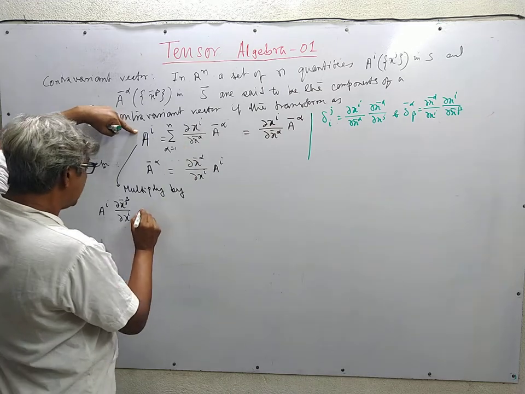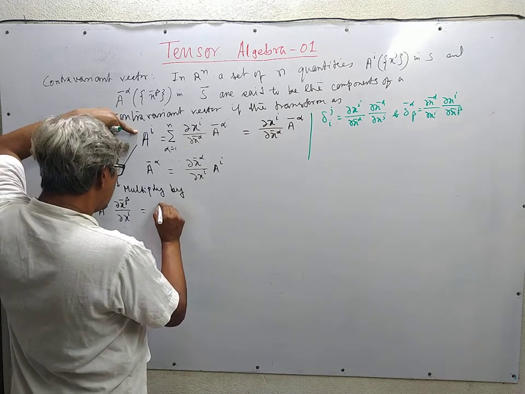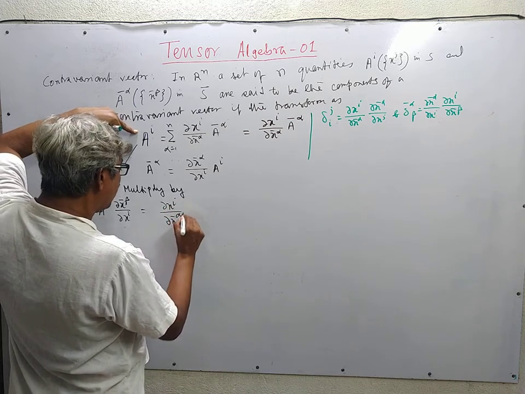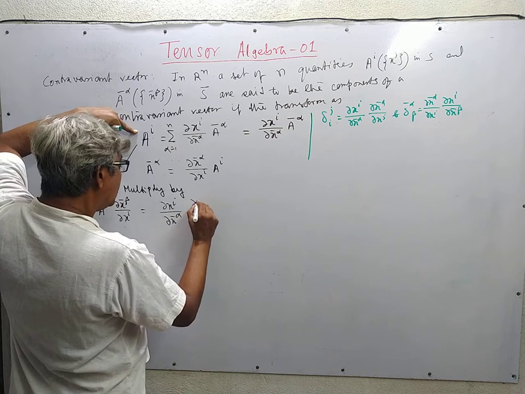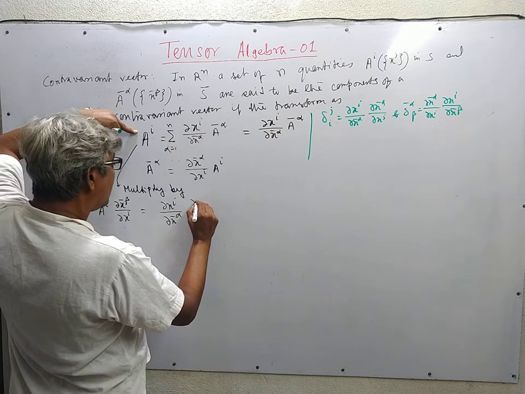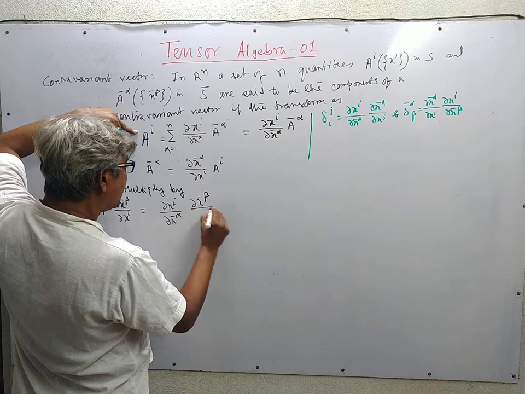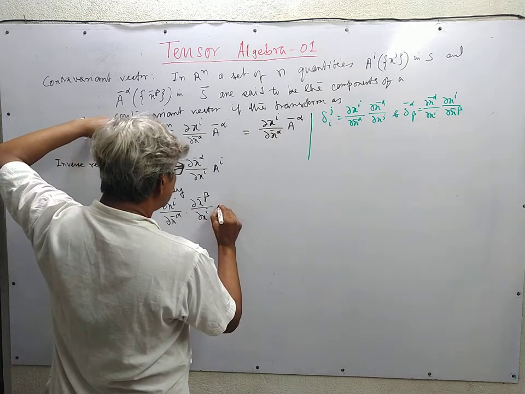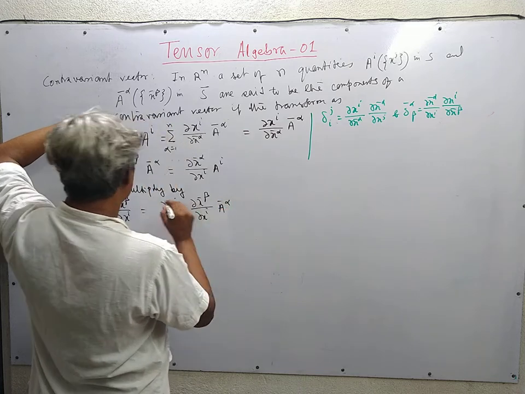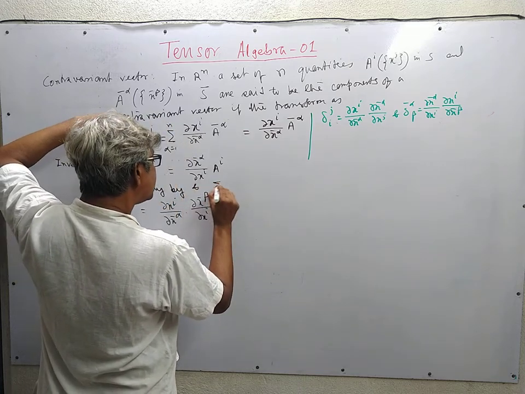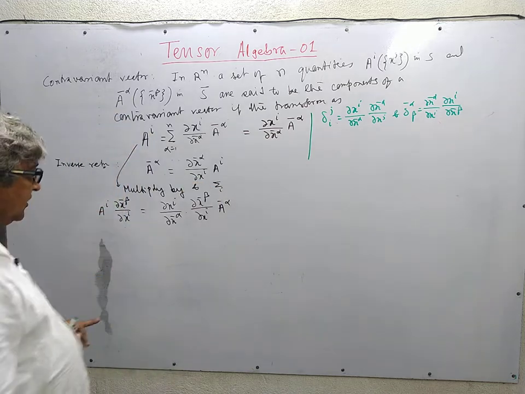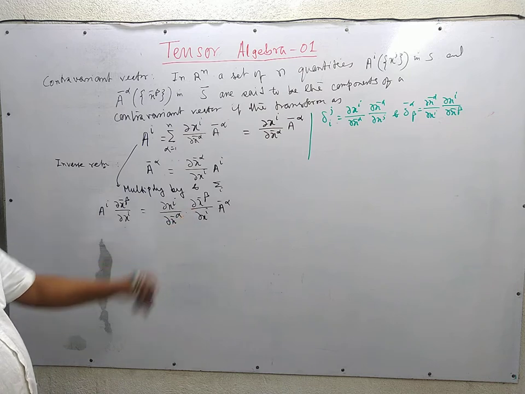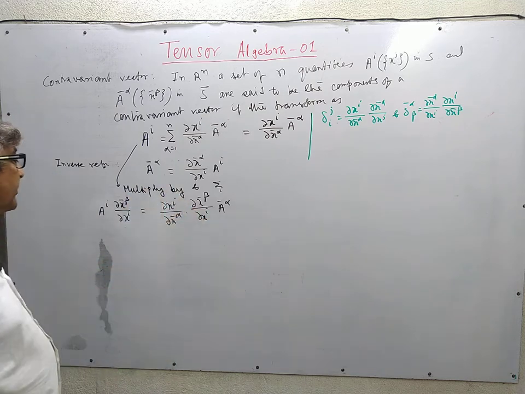So on the right hand side we have del xi by del x bar alpha, times del x bar beta by del xi, times a bar alpha, and sum over i. Here we do not need to write the sum explicitly because there is a repetition of index.